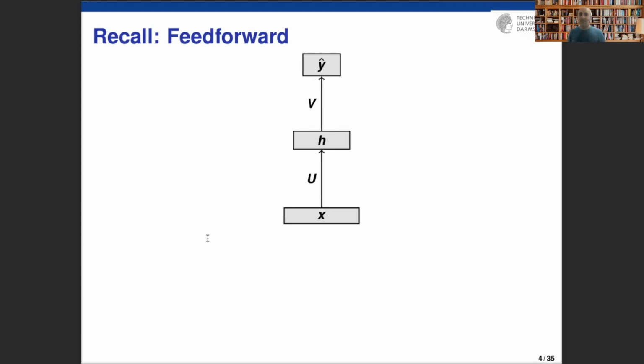The main idea is that if we have a vector x as the input, we multiply that by a matrix like U, and then with some nonlinearity at the hidden layer, we get the output vector H1 at hidden layer 1. And then we multiply this H by a weight matrix named V to get the output prediction of the model, of the network.